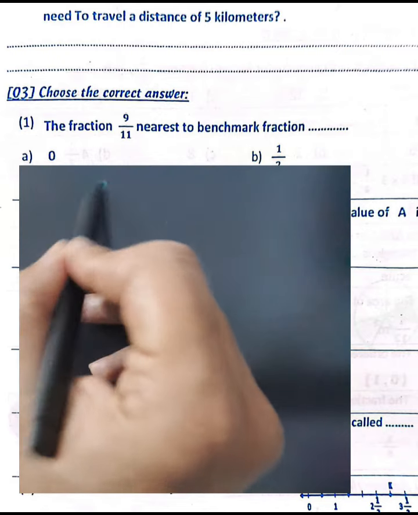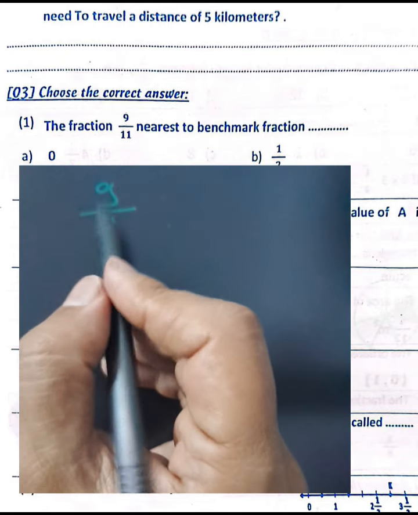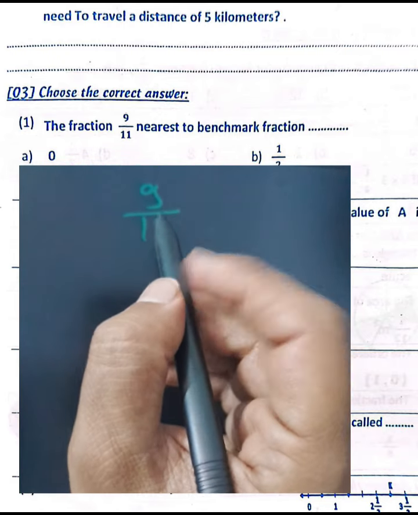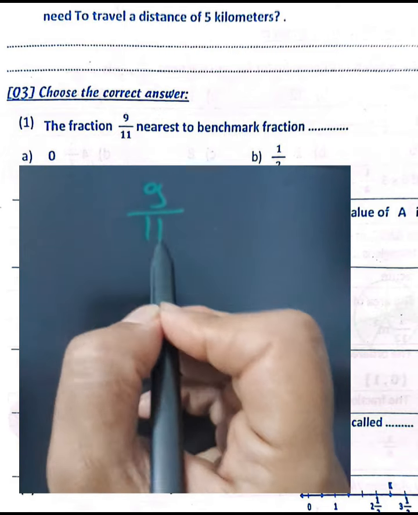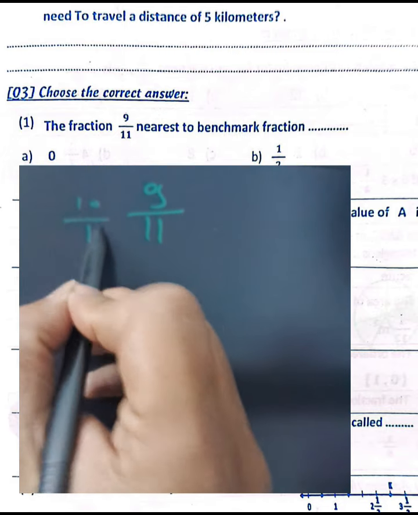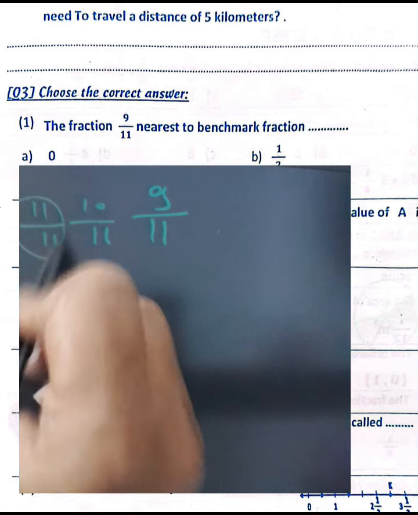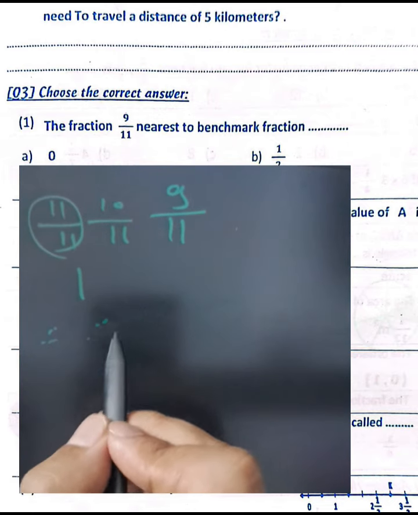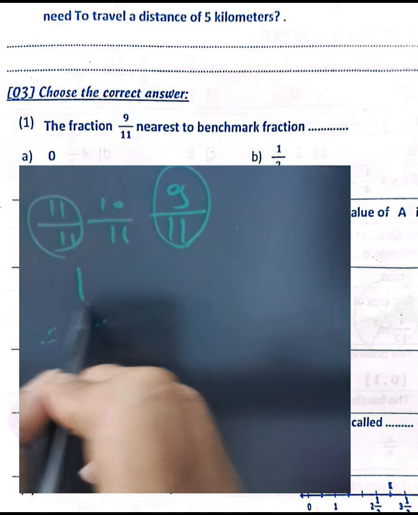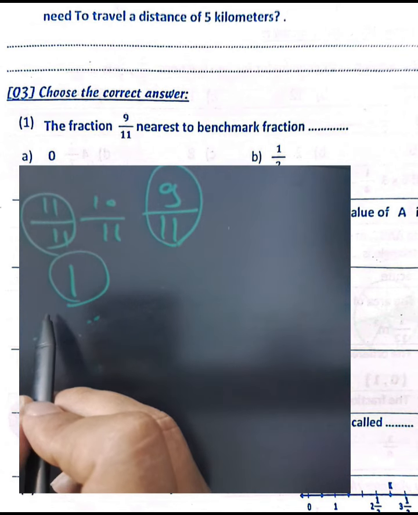Next example, question number 3, choose the correct answer. The fraction 9 over 11 is nearest to which benchmark? We know 9 over 11 is nearest to 10 over 11, nearest to 11 over 11, which is 1. Then 9 over 11 is nearest to 1 by benchmarks.